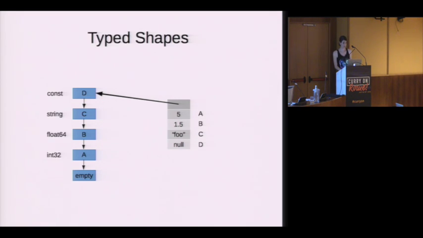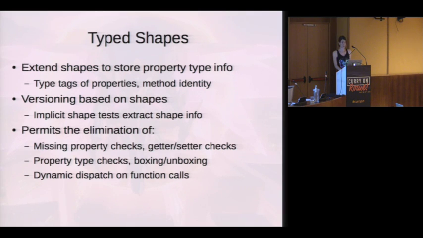What we did is to simply extend shapes to annotate them with type information. So here property D is a null value, C is a string, B is a floating point number, etc. So we extend shapes to have type information, including type tags and also method identity. So if an object has a method, we know which function body this method would be.